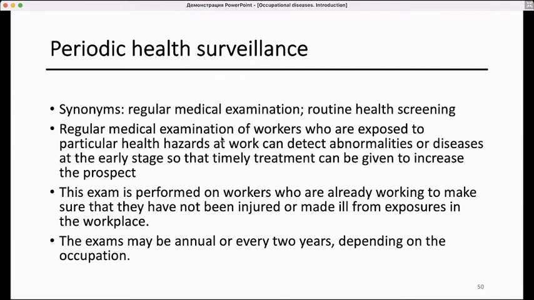This exam is performed on workers who are already working to make sure that they haven't been injured or made ill by exposures in the workplace. The exams may be annual or every second year, depending on the occupation.